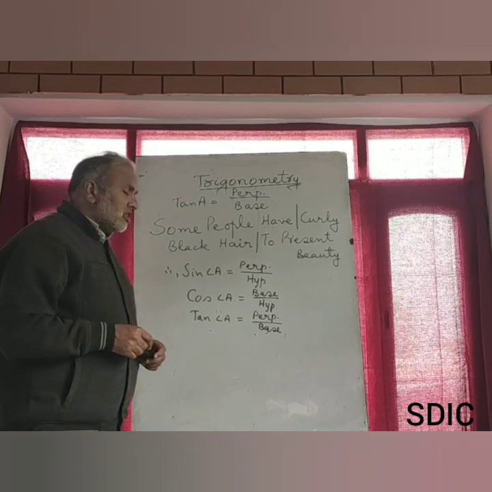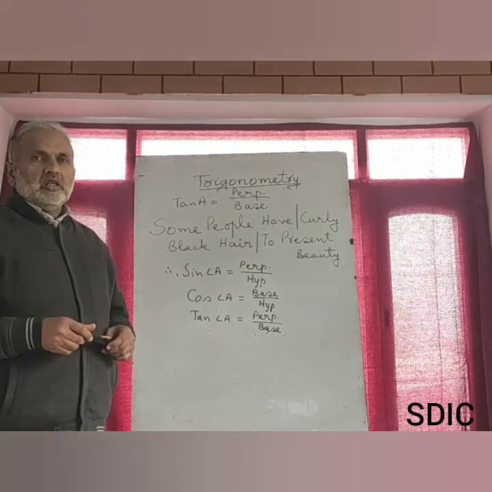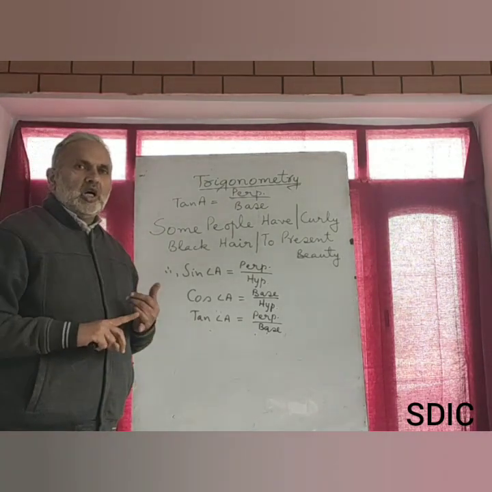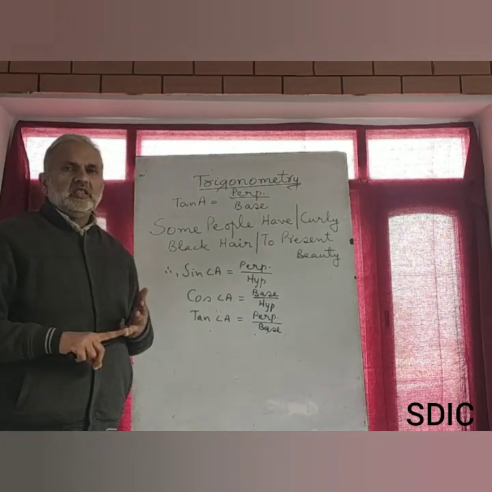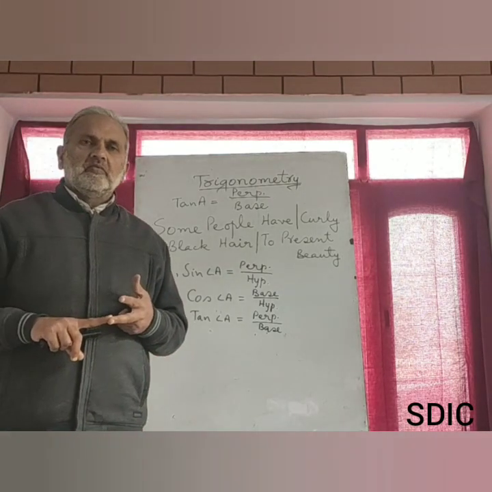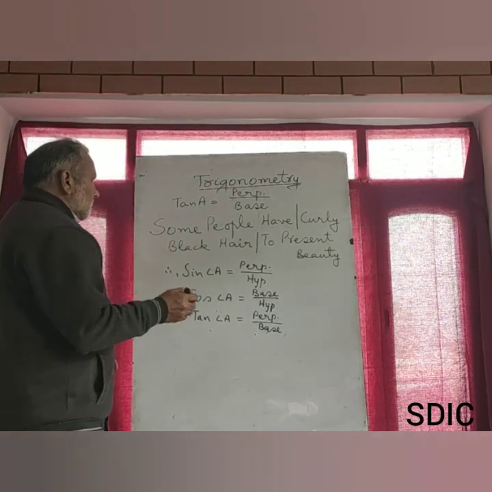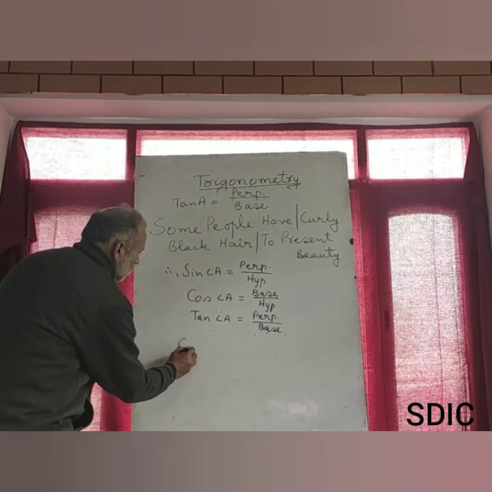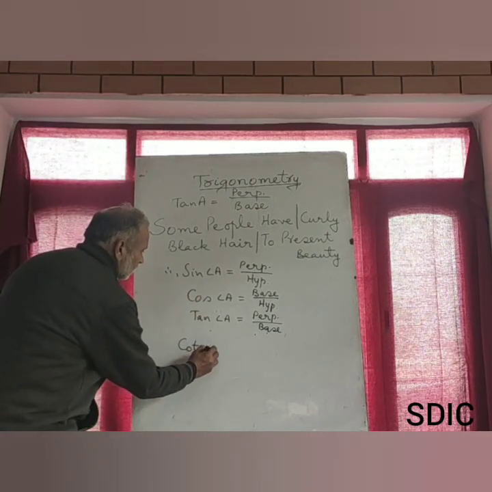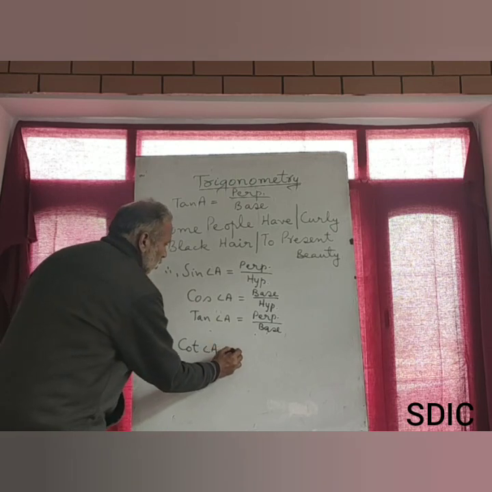The remaining three trigonometric ratios are cot, sec, and cosec. Out of these, cot is defined as the reciprocal of tan.